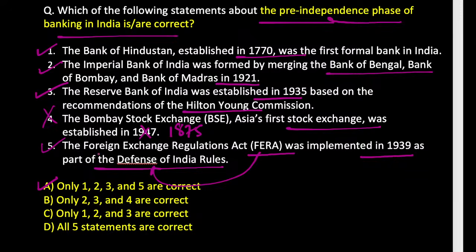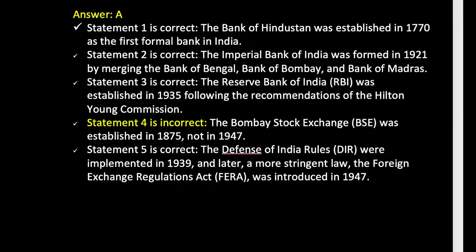Fifth statement: FERA was earlier known as the Defense of India Rule 1939. Later on, we came up with this particular one. So that statement is also correct, right? So yes, the first was correct. Please do remember this. I guess many people miss this.